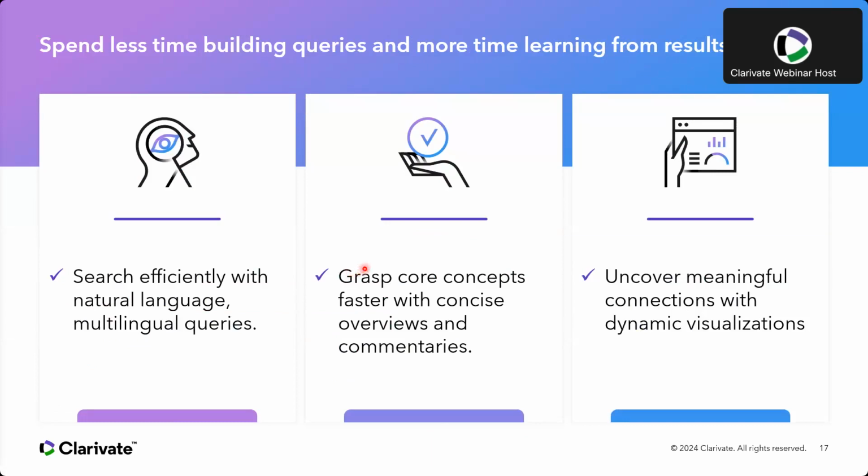You want to grasp core concepts faster, and you have overviews and commentaries generated from the database. And something that I also want to show you later on is the visualization, the maps that you can create at the author level, but also at the concept topic level.